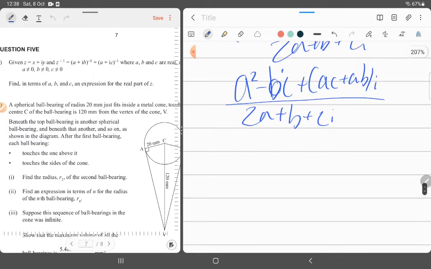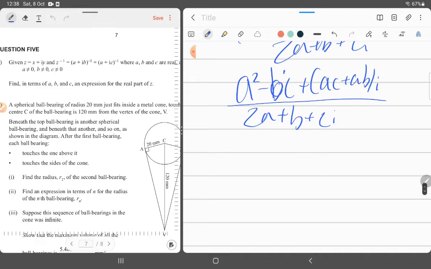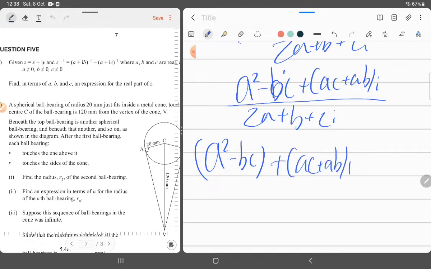Then we only care about the real parts, so I think we can just square BC, multiply this by the reciprocal. Actually no, that square BC is AC plus ABI.